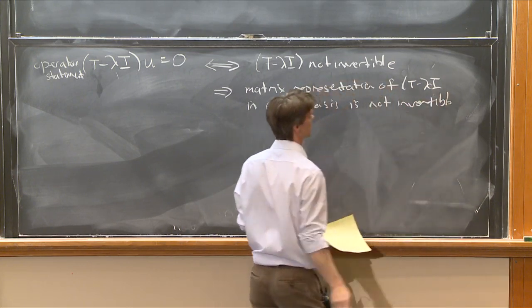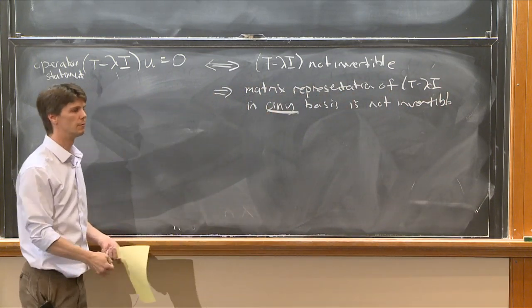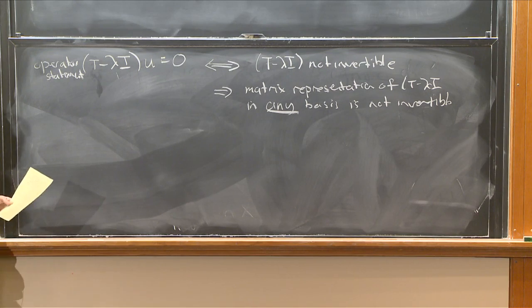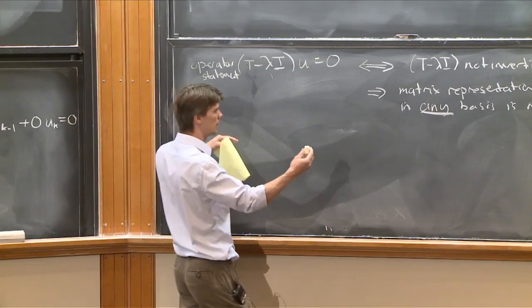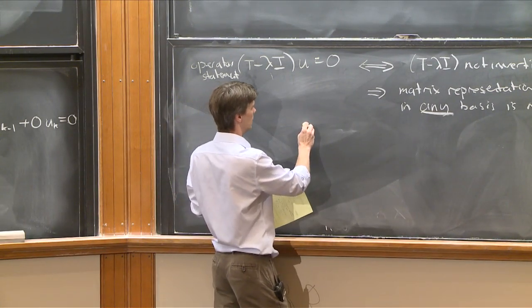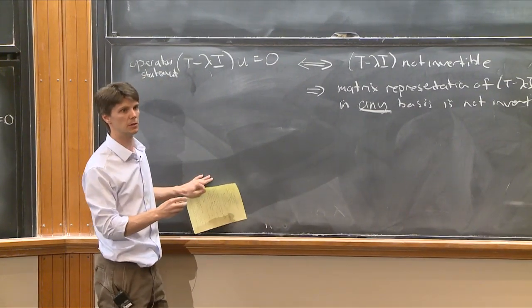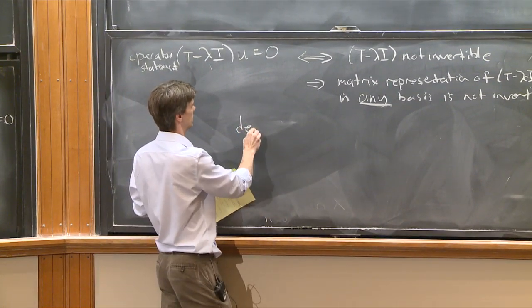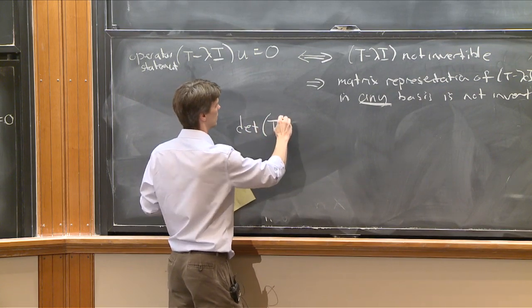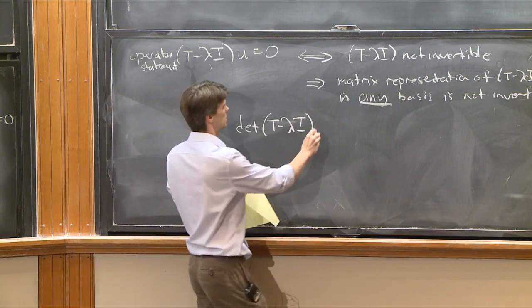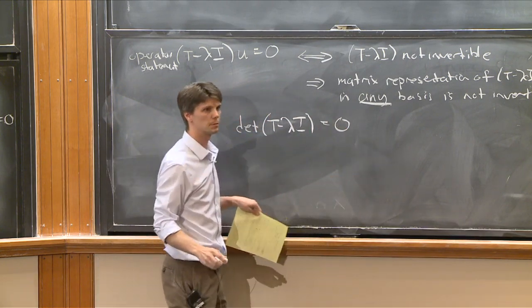And by inverses here, we just mean the inverses that you've taken of many matrices in your lives. And so what that means, as I'm sure you remember, is that if a matrix is not invertible, it has a vanishing determinant. So the determinant of this, which you can think of as a matrix, has to be 0.